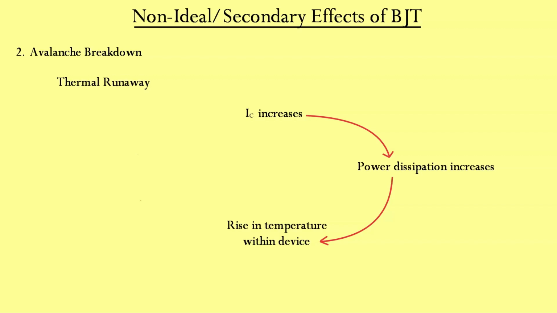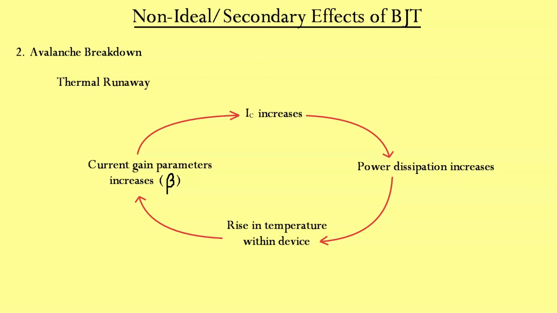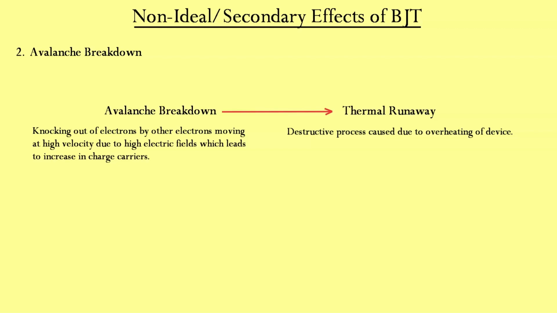And we have already studied that temperature increase leads to increase in gain parameters. And the increase in gain parameters will eventually lead to increase in collector current. So you can see this is also a regenerative process. It should be clear to you that avalanche breakdown and thermal runaway are different concepts. However, avalanche breakdown contributes to thermal runaway in BJT.